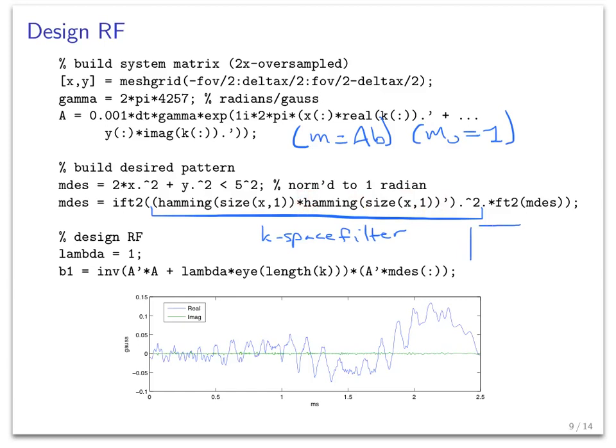It's like 2 vectors like that, and I'm taking their outer product. That gives me a full matrix of these sample points, right? And then I dot multiply that times the Fourier transform of my target pattern. I take the inverse Fourier transform and I get a smoothed out m desired. Okay.